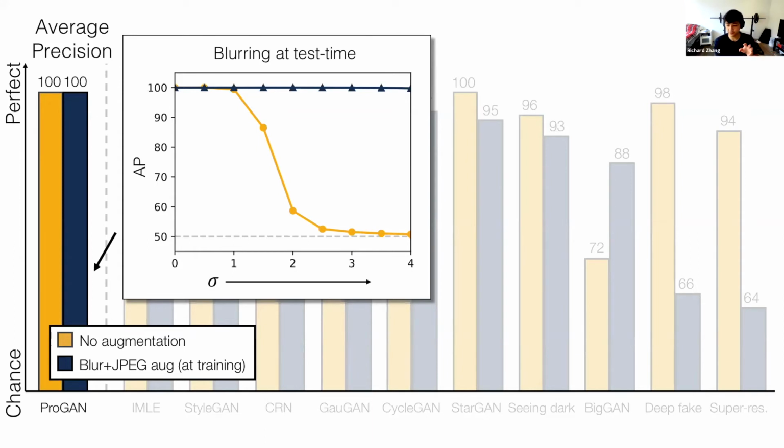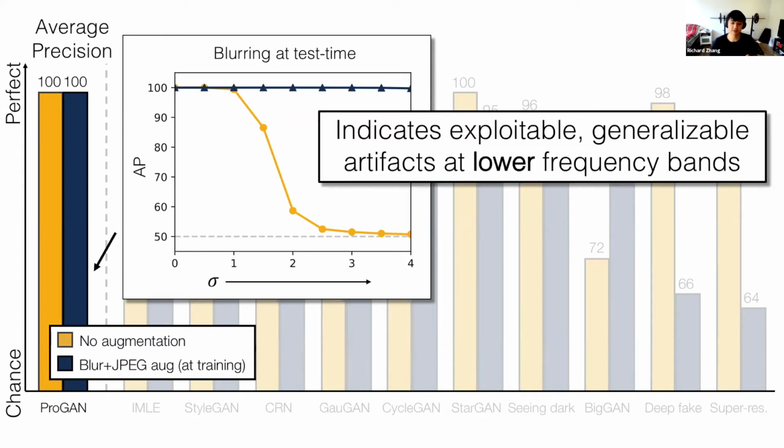And actually, by forcing the classifier to pay attention to those cues, you end up getting a more robust classifier that generalizes better to other distributions. So if you only cared about program, you wouldn't really care about which frequency band of cues you're looking at. But it turns out the mid and low frequency bands generalize better to other networks such as BigGAN and StyleGAN and such. And so this was a surprising finding to us.